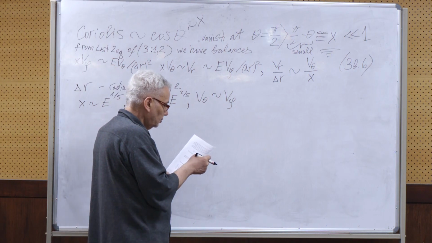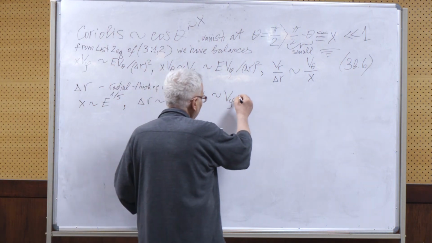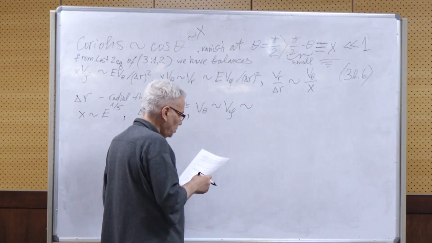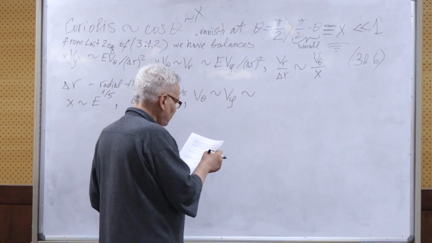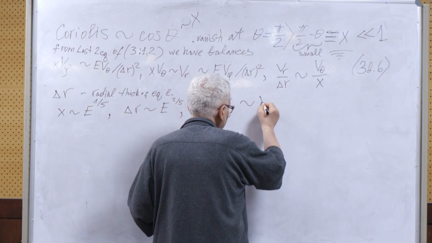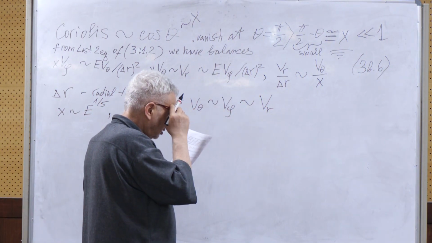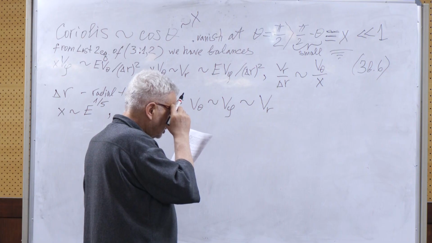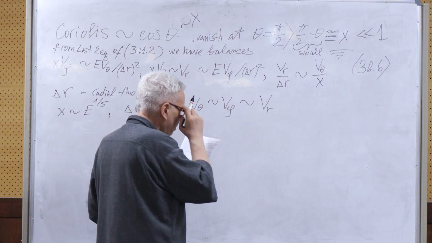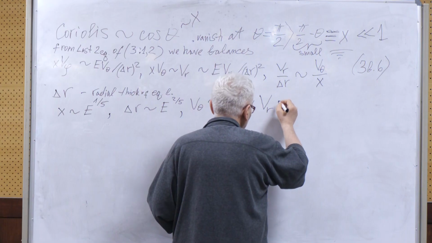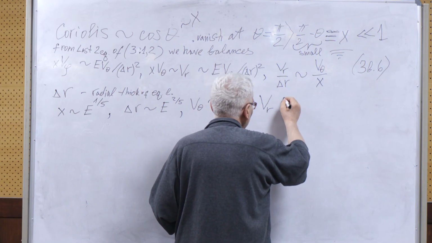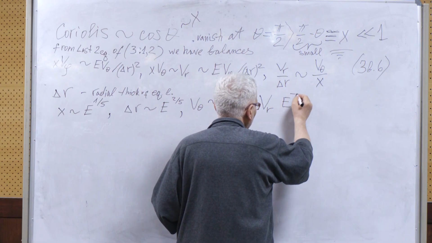And the last relation, we can proceed further in this relation, and here we have that the radial velocity in this layer is quite small. Actually, it works like e to the minus 1/5.